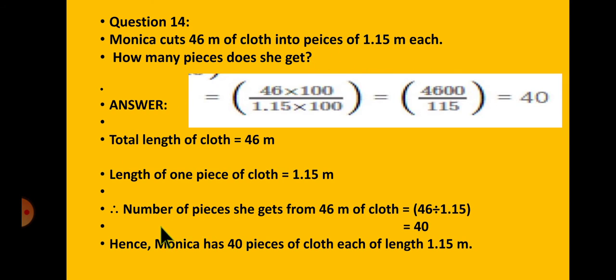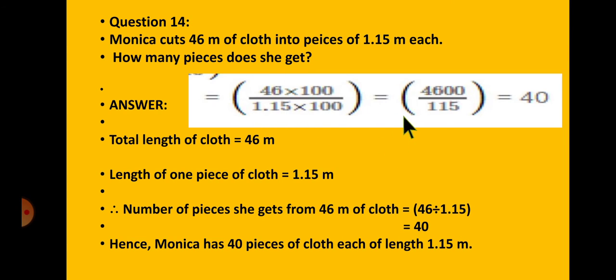So let's see the number of pieces. Actually we have to find how many pieces she gets from this 46 meters. That's why we divide. 46 divided by 1.15. So how do we do it?